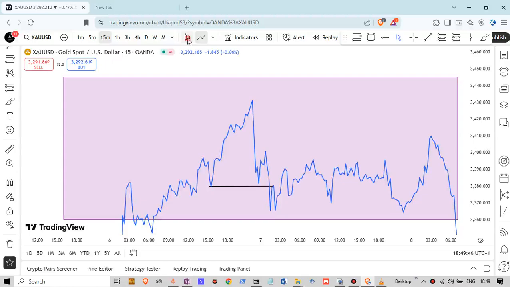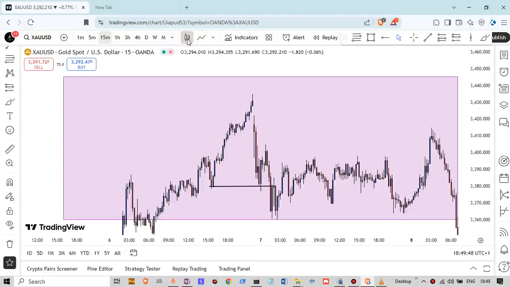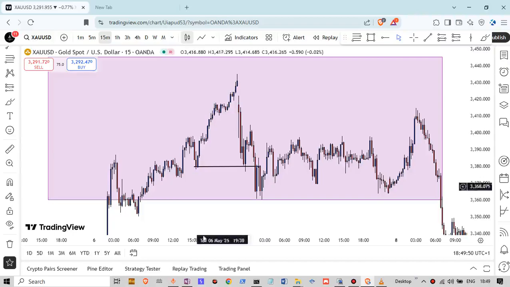It has a break of structure, but yet I will not call it a market structure shift, because I have not seen this low broken. This one here, where my hand is pointed, is the major low that broke this major high here. Even though this one is a low, it's not the major low. This one too is a high, but not a major high, because this low is still within this one here.